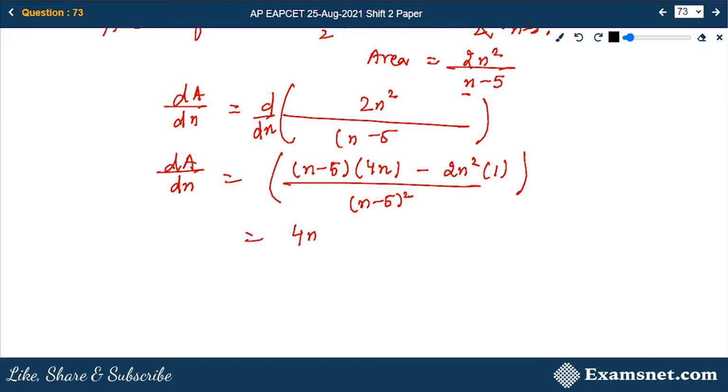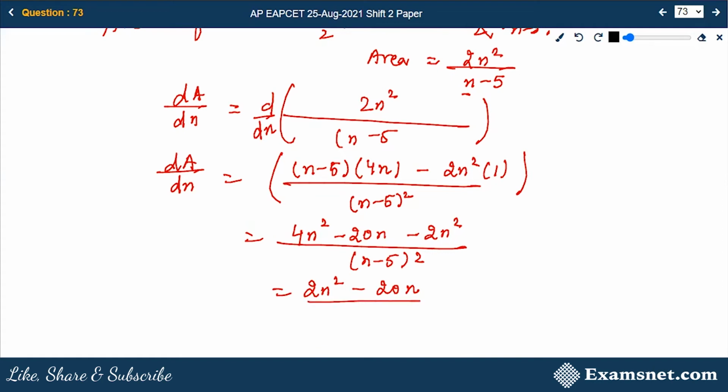So this will be 4n square minus 20n minus 2n square upon n minus 5 square, which is 2n square minus 20n upon n minus 5 square.